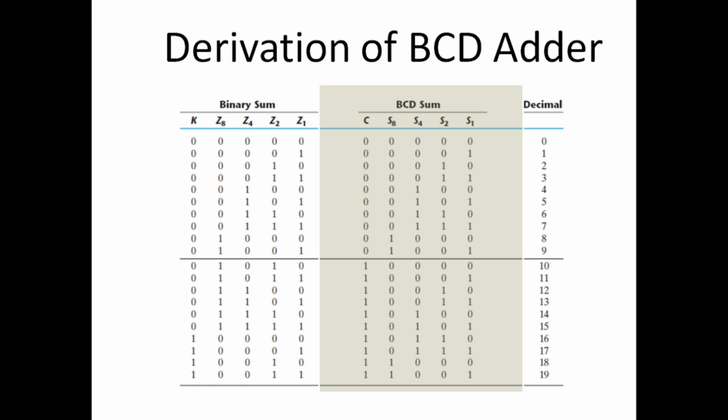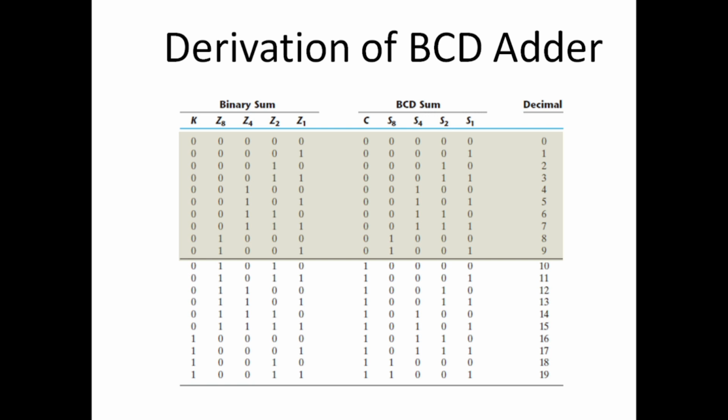But for the rest of the values, they are not the same. For these 10 values, the output of the binary sum is equal to the output of the BCD sum. So in these cases, the binary parallel adder would work like the BCD adder, but for the rest of the cases, the outputs are different.